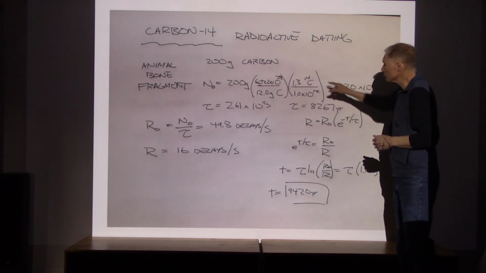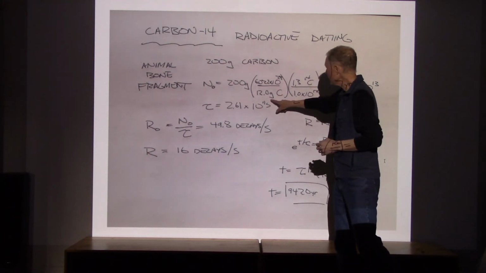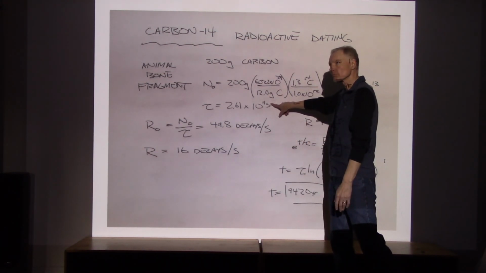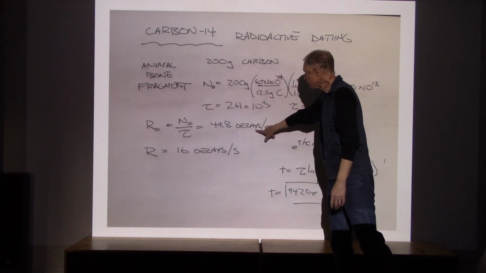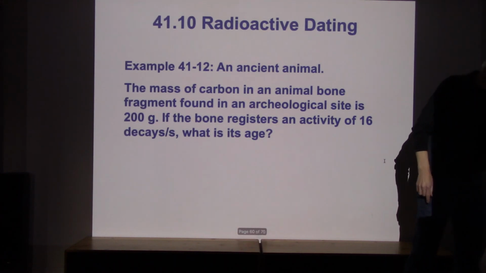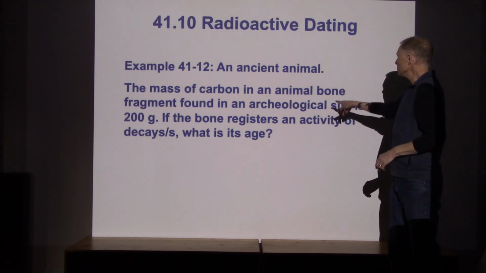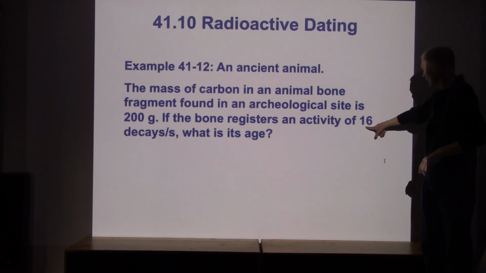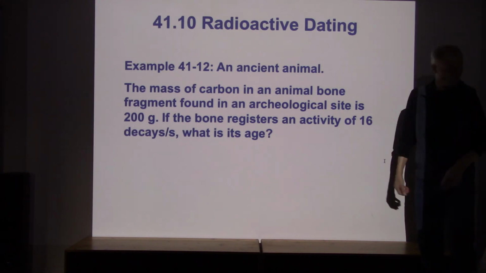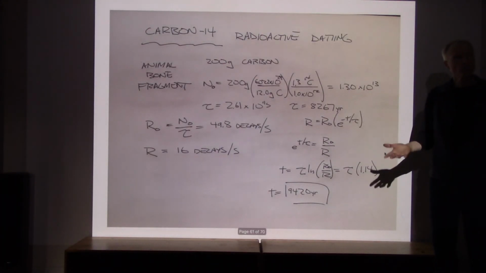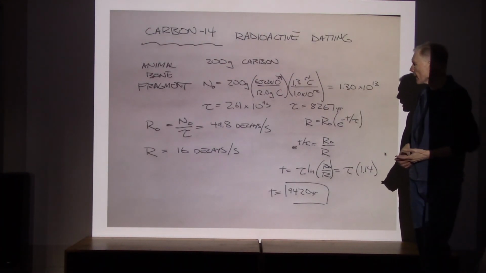We put in our carbon-14 ratio, we put in our lifetime and 50. Now what they said in the problem was that the archaeologists measured this and it was only decaying at a rate of 16 decays per second. So how could we determine the age of this sample?